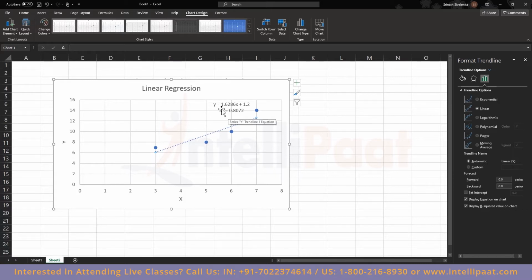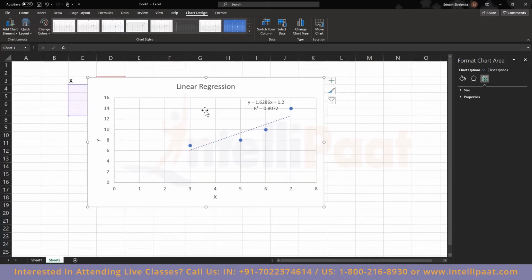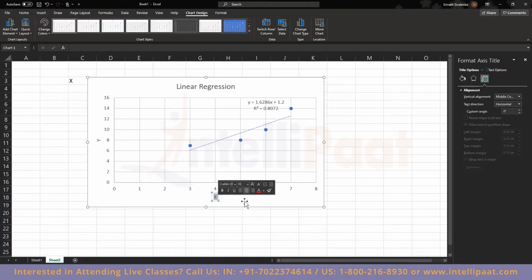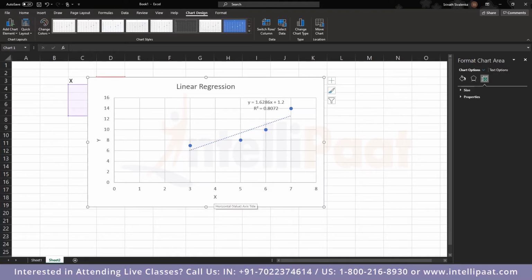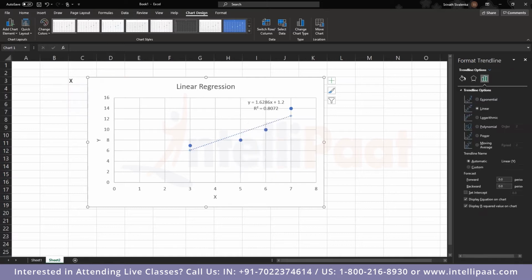Now, in this particular example, we only had one single predictor. When I say one single predictor, you just had one value of x. But at times you might want to perform linear regression with more than one variable, so we might have to perform something more than a simple linear regression.